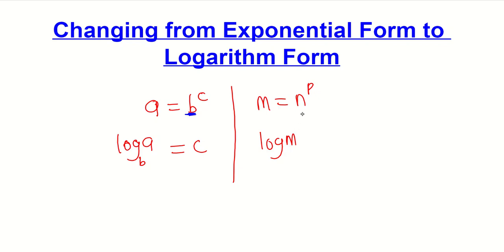In the logarithm form, n takes the same position as the base. What is left is p, so you equate to p. That's how you can change from index form or exponential form to logarithm form. Having known this, let's try one or two practical examples.